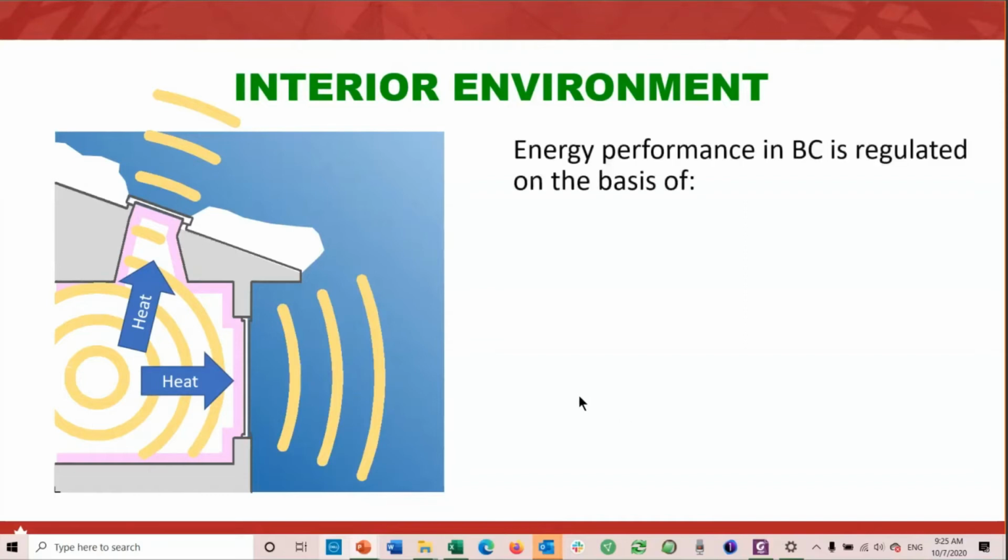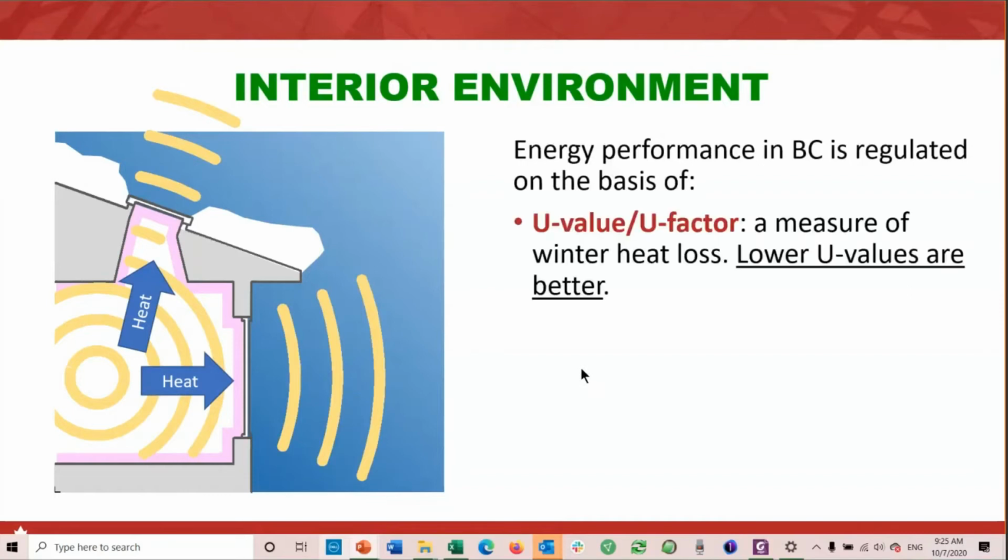So in British Columbia, energy performance is regulated on the basis of U value or U factor, which is a measure of heat loss in winter. And because you're measuring the heat escaping out from the windows, lower U values are better because it means less heat is escaping.